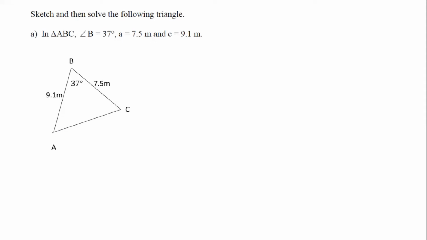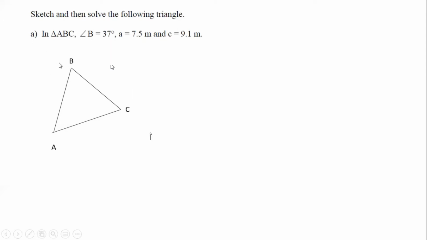Does that make sense? Wait, why would you put B on the inside? Why would I put B in there, you said? Like, you know where you put 37? Why would you put it there instead of outside? Okay. If you look back at the question up here, it did say that angle B was 37 degrees. So wherever I label my triangle B, let me go back a second and show you something. When I started off, all I had was a triangle. I didn't have anything at all. I put A here, B here, and C over here.